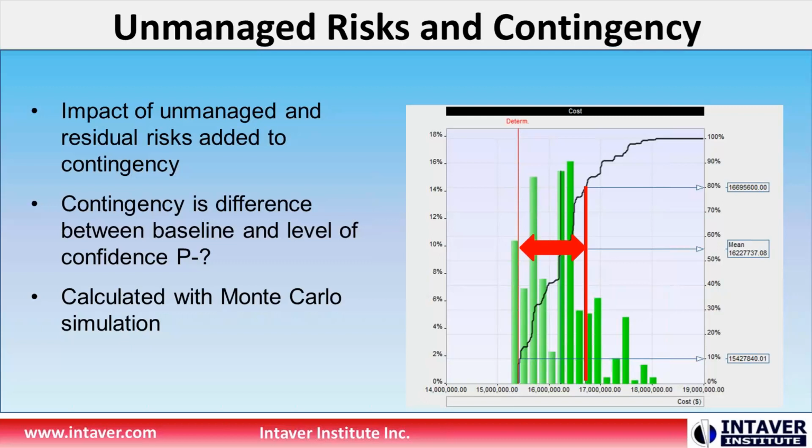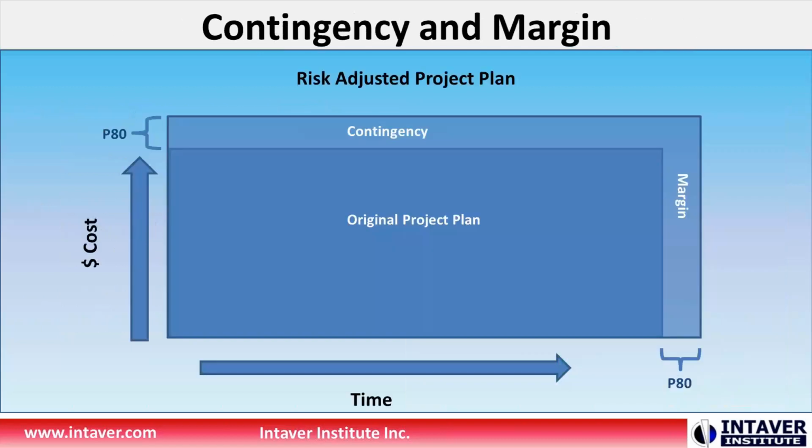Really, that's the only way that we can account for the uncertainties and the emergent risks that occur with merge bias and the portfolio effect. What I'm showing here is that the smaller triangle is our original project plan, and we're going to add contingency and margin at a level.